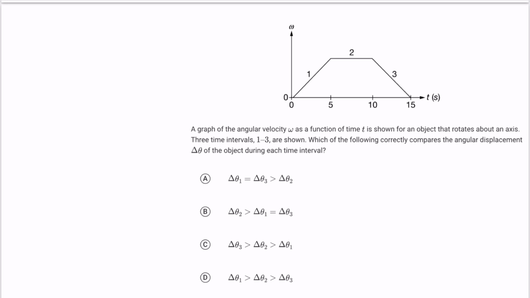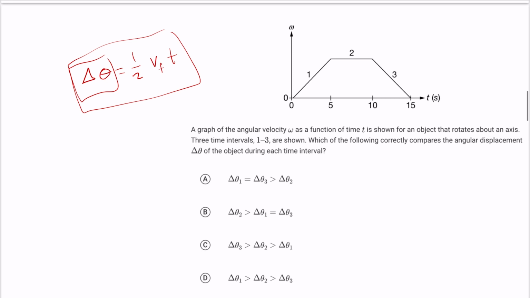Something like displacement, in this case, change in displacement would be equal to 1/2 v final times t. What this equation basically represents is the fact that the area underneath a curve represents the change in displacement.